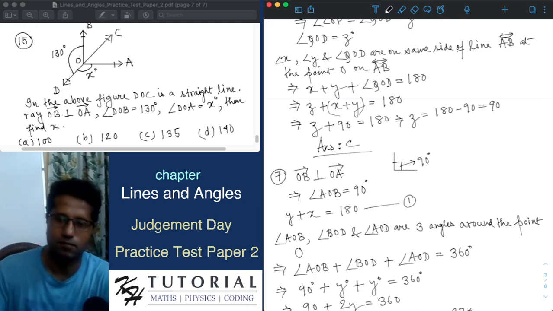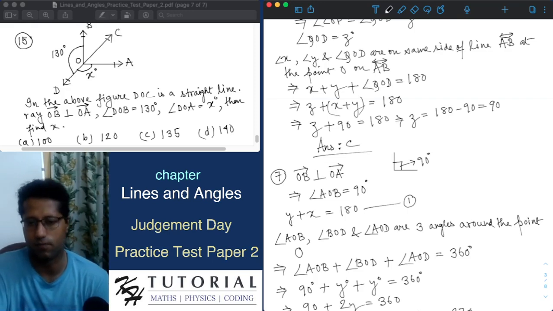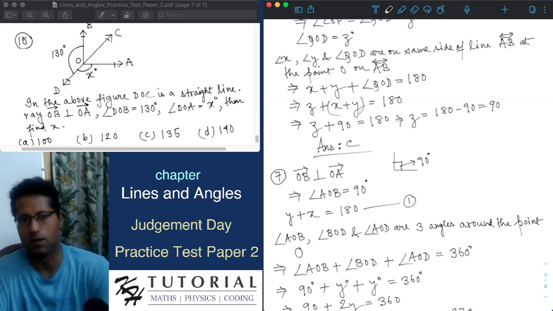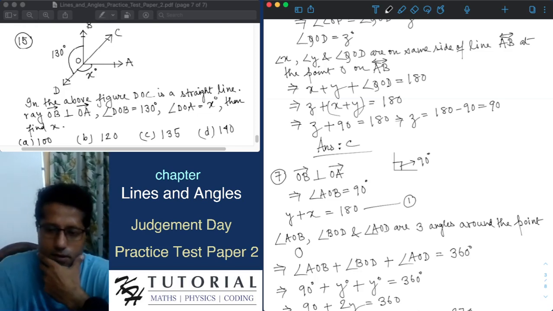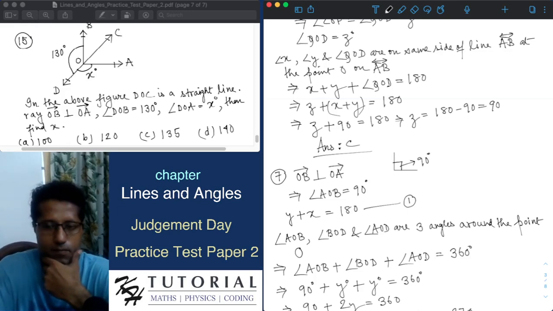You might see similar problems in practice test papers 1 and 2, but if you do these two test papers and also all the problems from the exercise, then they are good enough to build a good foundation and concept on the chapter lines and angles.